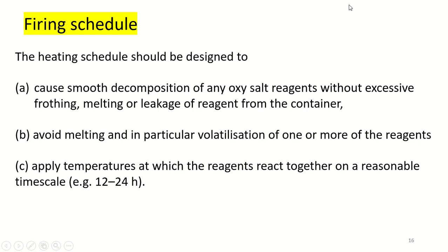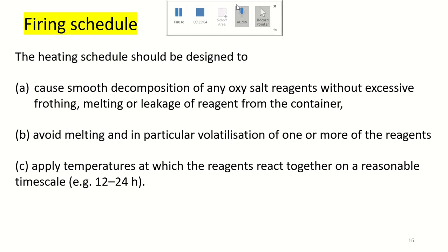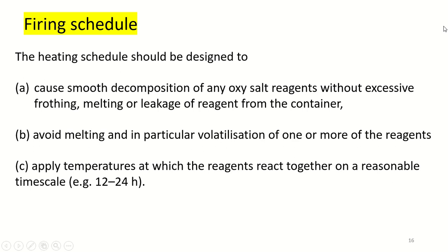Reactions may be carried out in air, or if a tube furnace is available, a range of controllable atmospheres may be used. Alternatively, sealed ampoules of silica glass or precious metals may be used to prevent loss of volatile reagents or atmospheric attack.